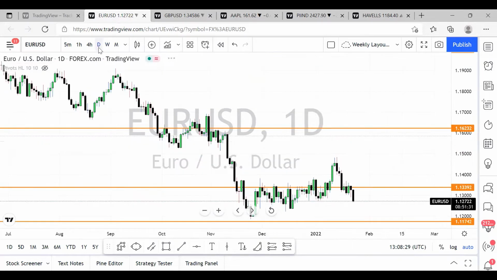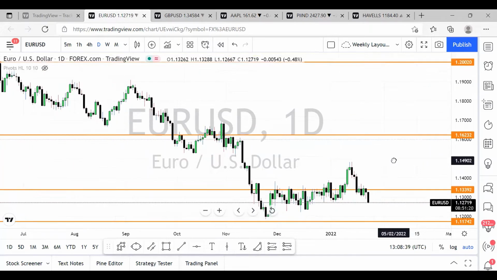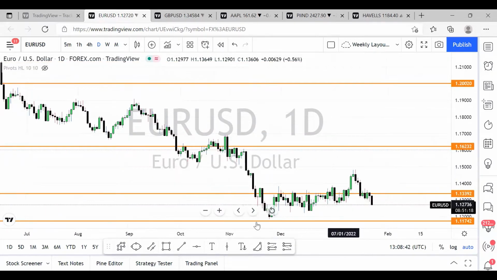Now let's check it out on the daily, what's really going on. As you can see, it has entered this particular zone, and now it's starting to go onto the downside itself. It looks like this is going to go further down, especially as it's just gained momentum.